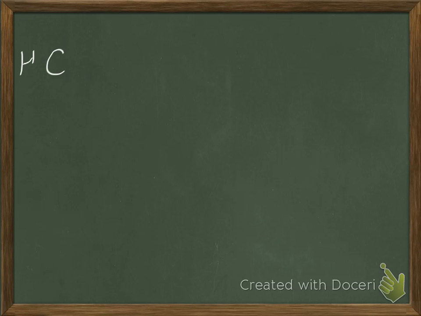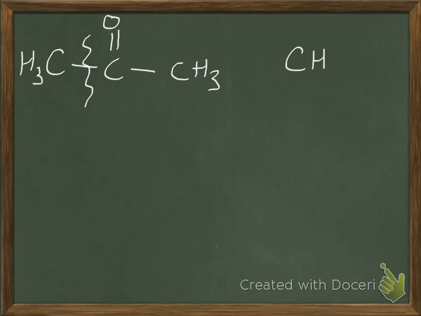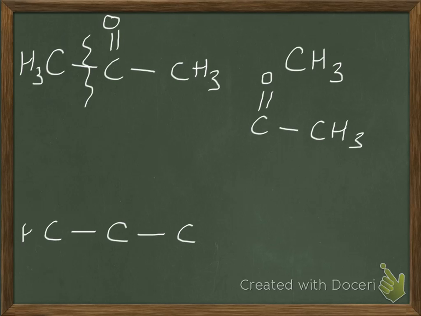And the next slide shows the bits that propanone and propanal can be chopped up into. There are, of course, other bits, which is why when you look at a mass spectrum you see lots of peaks.